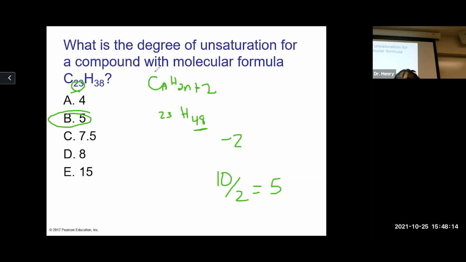Okay, so this is if it was all saturated. If we have only single bonds, this is what it would be. This is the equation, right? So we calculated C23H48. The only thing that we're changing are the hydrogens, because either we're getting rid of them or we're adding them. We can't add any more than what we have when it's saturated, so we're getting rid of them.